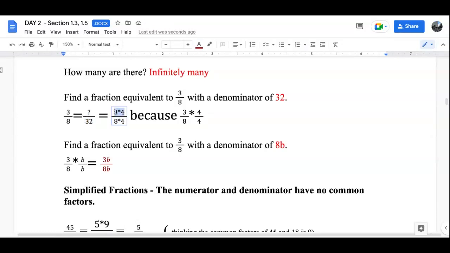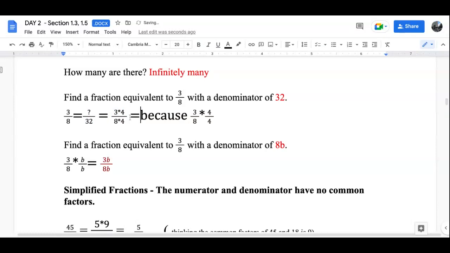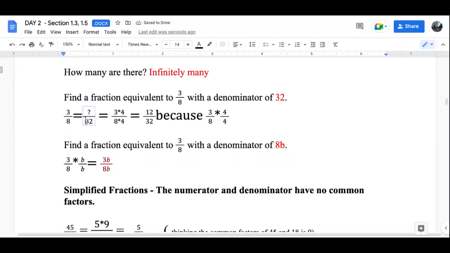So we have to multiply by 4 with the numerator. 3 times 4, that's 12. So we got 12 over 32. Okay. So we're given the denominator to be 32. We need to figure out the equivalent fraction, the numerator of the equivalence.